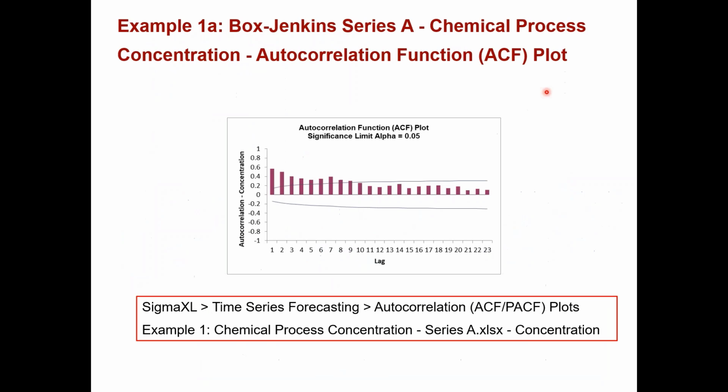And then what we do is the ACF plot, each of these bars corresponds to correlation for lag 1, lag 2, lag 3, lag 4. And if the correlation exceeds the significance limit, then we conclude that we have significant autocorrelation.